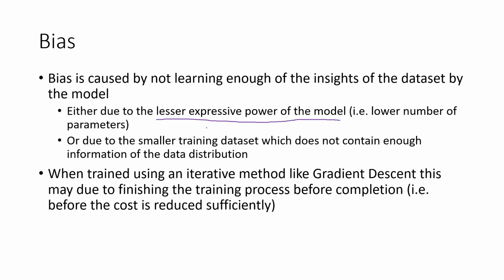Because the model is less complex, with a smaller number of parameters, it cannot maintain enough information of the data distribution. You need some amount of memory to keep the information of these complexities of the data set. But when there's high bias, because you have a lesser number of parameters, it cannot create all the information.